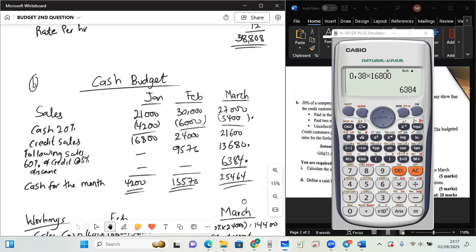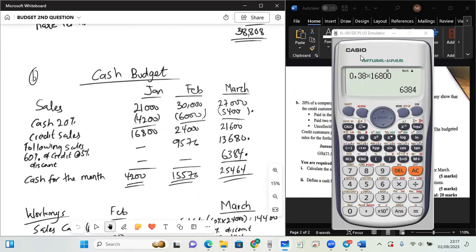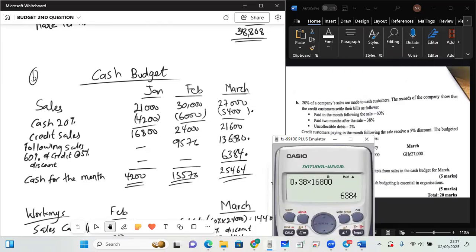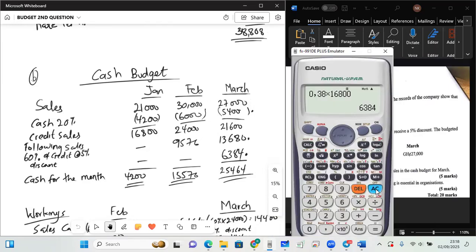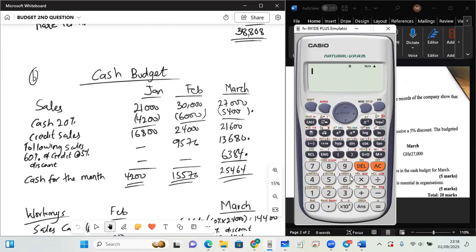Now, the same thing as what we are seeing here. Credit sales available here will be 24,000. Now, 60% will be paid in the next month, which is March. Find 60% of this. 60% times 24,000, and we are getting this.